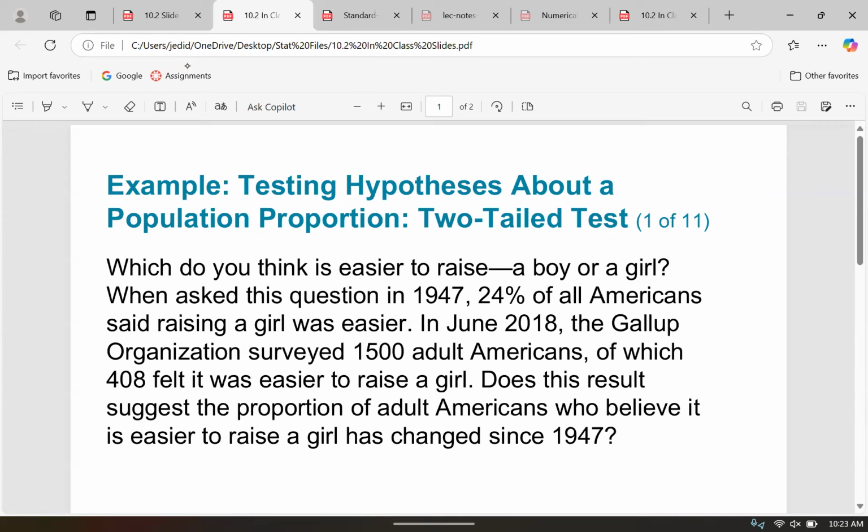So our group was asked, which do you think is easier to raise, a boy or a girl? When asked the question in 1947, 24% said a girl was easier. In 2018, we have a survey, and 408 of our 1,500 adults said a girl was easier.